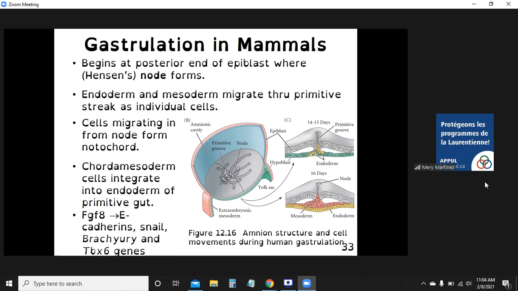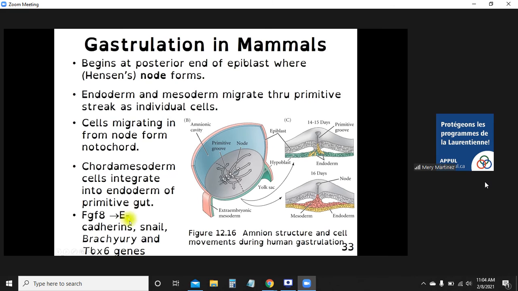Cell migration and the specification of the cells normally is coordinated by FGFs, so by fibroblast growth factors. And these factors are coming from the primitive streak, the same thing as we saw in chicks. So FGF, once again, controls the cell movement into that primitive streak by downregulating E-cadherins.